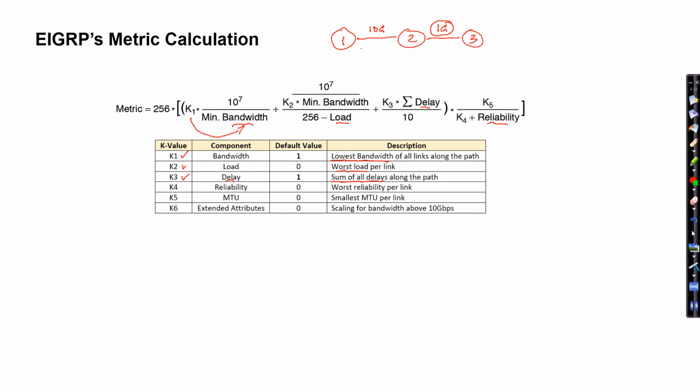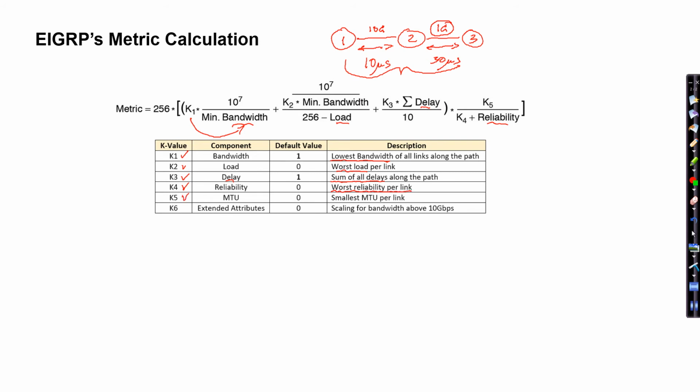The link between router 1 and router 2 is 10 microseconds, whereas the link between router 2 and router 3 is 30 microseconds. The sum is now 40 microseconds. Next on the list is K4, which is the reliability, and is the worst reliability of a link.